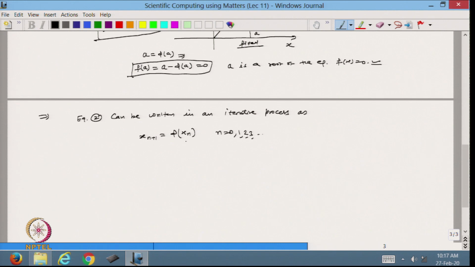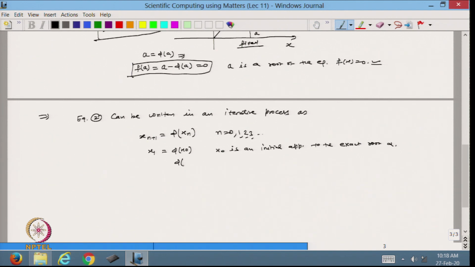So in this case what will I do? I will start with my x 0. That is my initial approximation. So x 0 is an initial approximation to the exact root, that is alpha. From here I will get my value of x 1.